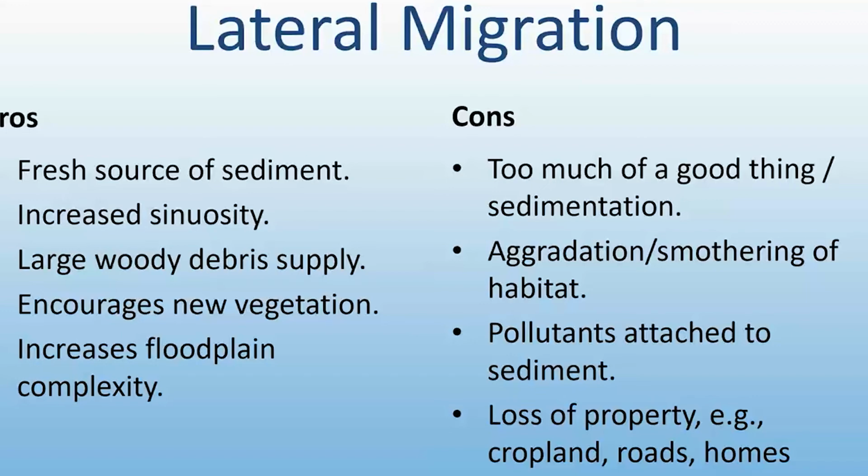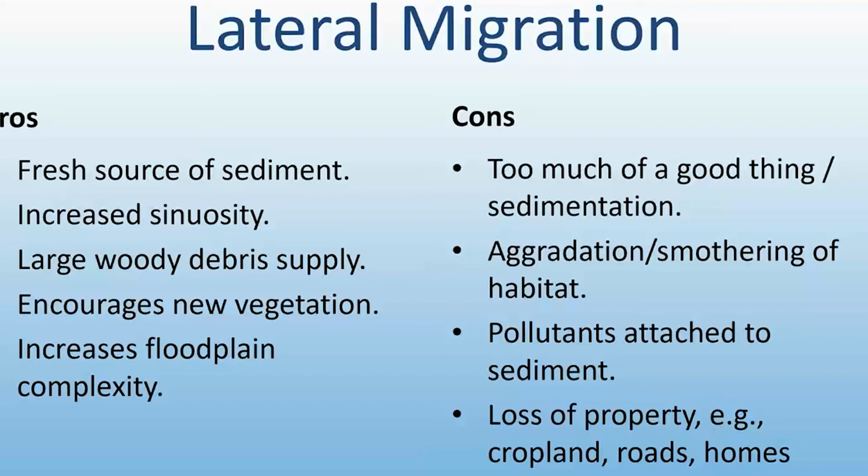It can encourage new vegetation on new surfaces. As a meander bend slowly moves down valley and exposes a new point bar, that new point bar grows with herbaceous vegetation and different species than what you might have on the floodplain. And overall, it increases floodplain complexity. So that's good, that's natural, that's reference condition.